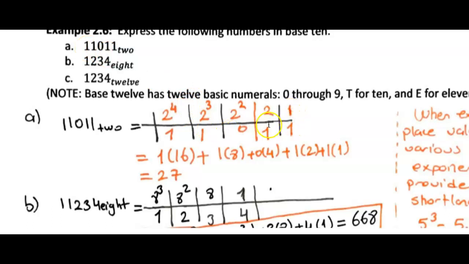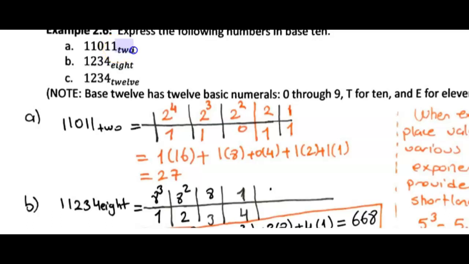I have written down here another way. So it's going to be 1 times 2 to the fourth power, 1 times 2 to the third power. I'm getting those 1, 1, 0, 1, 1 from here. And then I am also getting my powers from here. Last week we learned we are starting all the way from the right. 2 to the 0 power. Why 2?